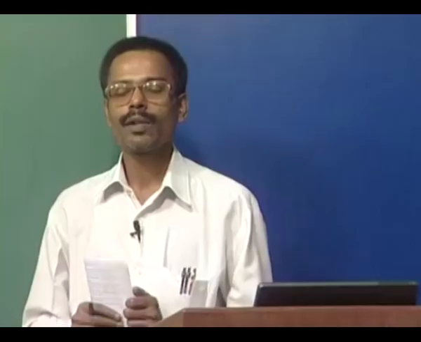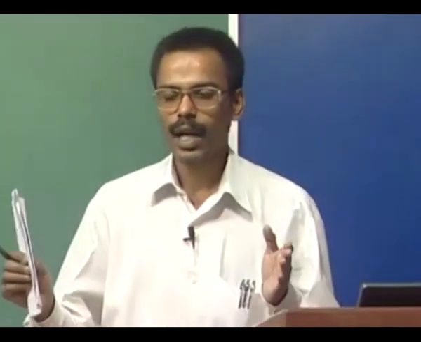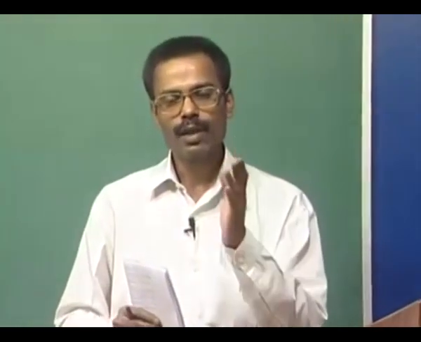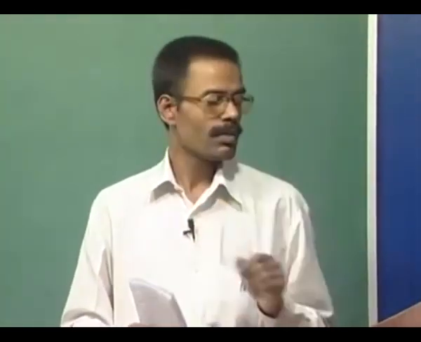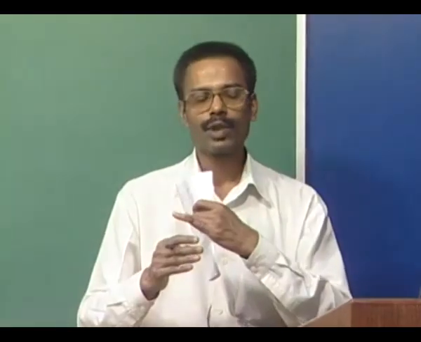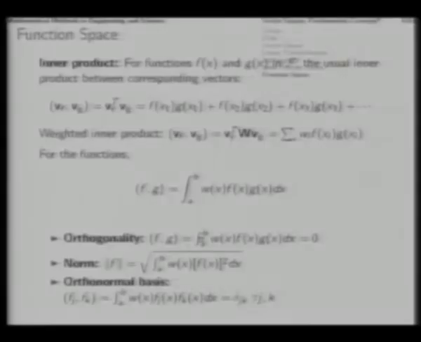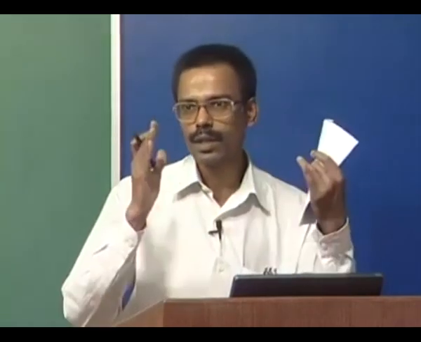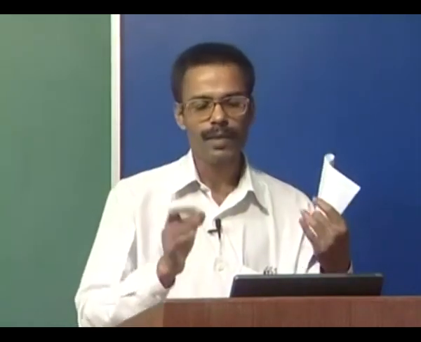If you have taken the basis as functions f1, f2, f3, f4, etc., each of which has a unit norm in this sense, and every pair from which is orthogonal in this sense, then you say that we have got an orthonormal basis for describing functions in that set F. Okay.